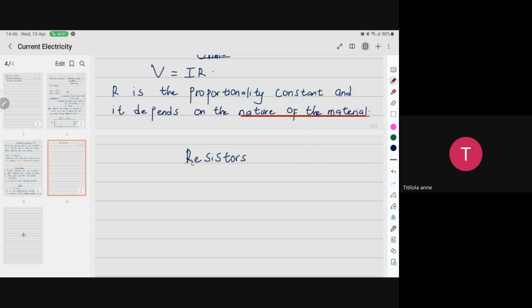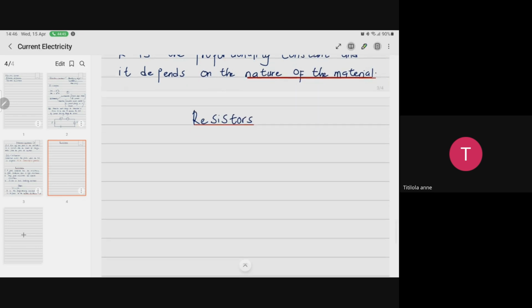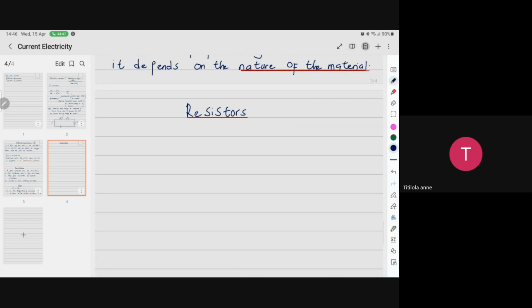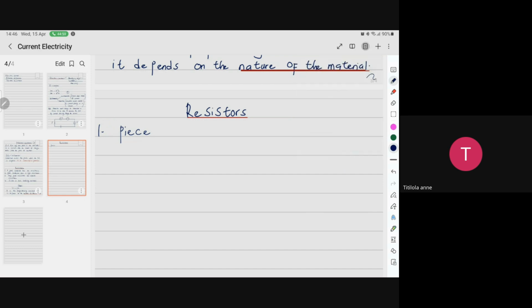Titi, you're writing tomorrow, right? Titi is writing tomorrow. And what was his name? Emmanuel. 17th. Emmanuel, you're writing tomorrow, right? Okay, 17th is on Friday.